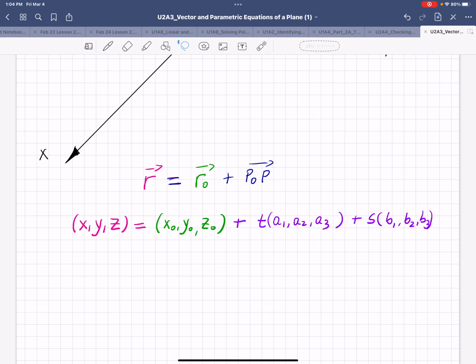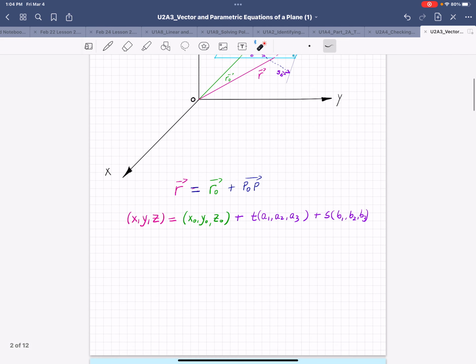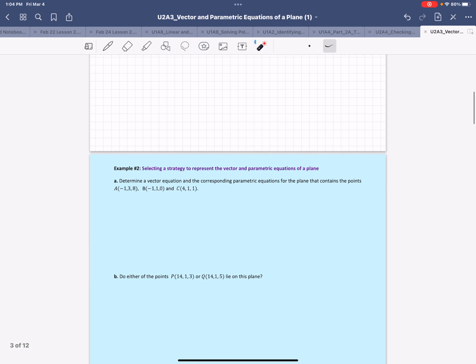And voila, this is the equation of a plane in 3D. So the coordinates of any point on a plane equal the coordinates of a starting vector or initial point, plus movement following the direction of two intersecting vectors that have already defined the plane. I hope this made sense, and we'll continue in the next video with the first examples.